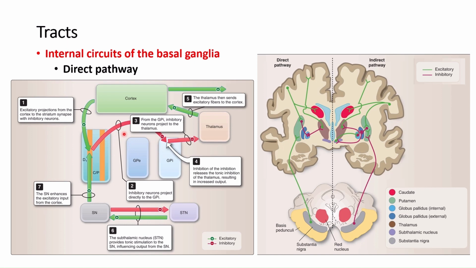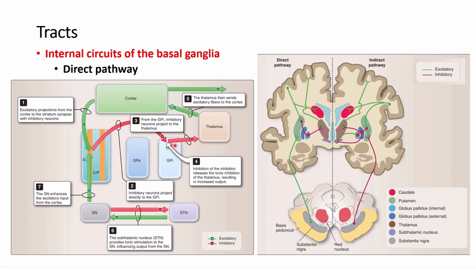These signals that are sent are inhibitory signals. So these neurons are excited, stimulated because of the signals that are coming from cortex and from substantia nigra, and they are releasing inhibitory neurotransmitters. So these inhibitory neurotransmitters are inhibiting another inhibitory neuron.